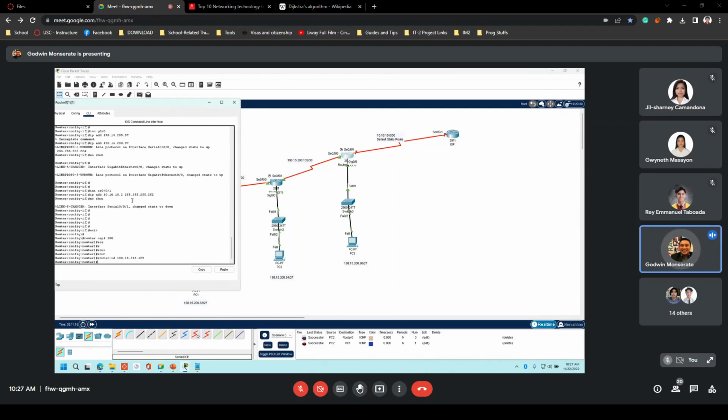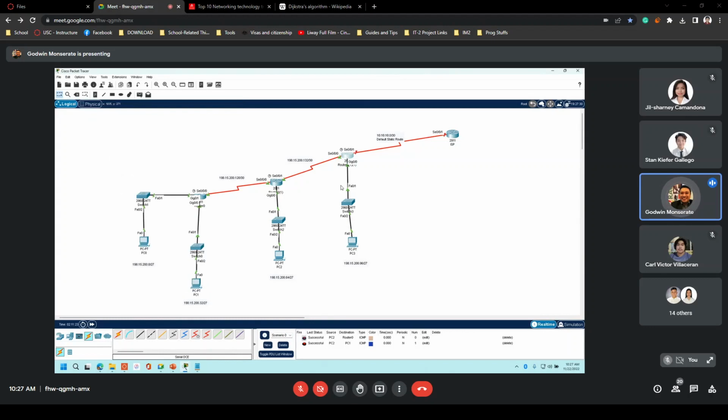It does not matter. Nakasabot na? Yes, sir. Yes, sir. So kasabutan na, kinsa karon sa tulo ka router ang gi-elect na DR. Who is the DR router here? Sabot bang kata?